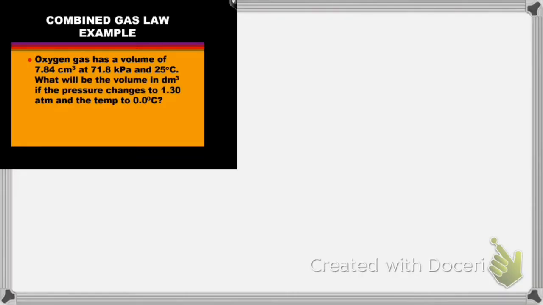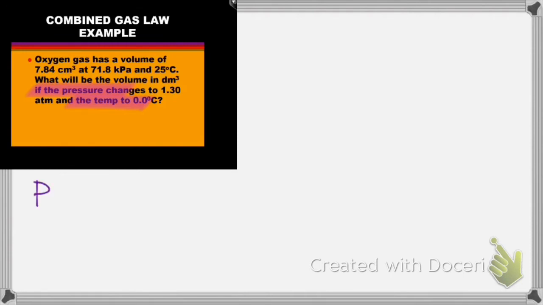So when we read this example problem, we see that we're given an oxygen gas with a volume, pressure, and temperature. They're asking for the new volume if the pressure changes and the temperature changes. So we have two completely different sets of conditions, which means this is when we would want to use the combined gas law.